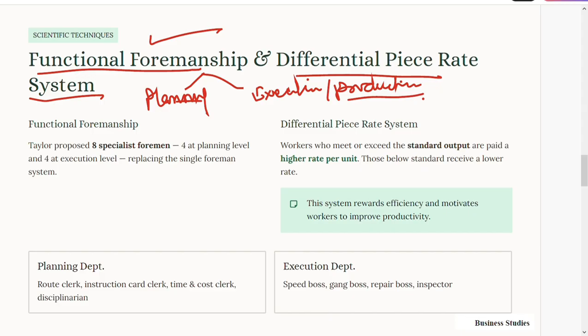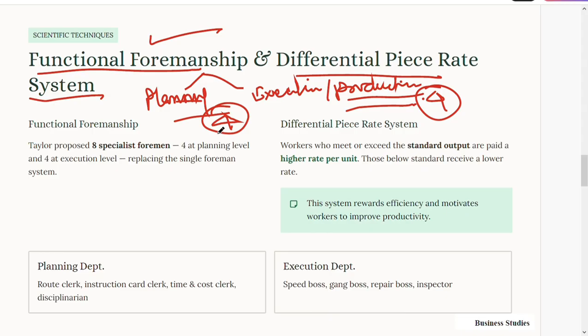I'm repeating it again: functional foremanship says when we are producing anything, the work should be divided into two parts. The one is planning, the other one is production, right? And we have 4 people who are looking after planning, and we will have 4 people who are looking after production.